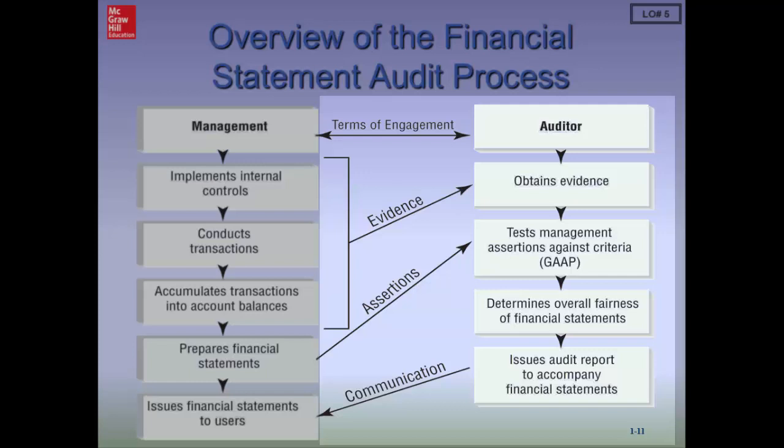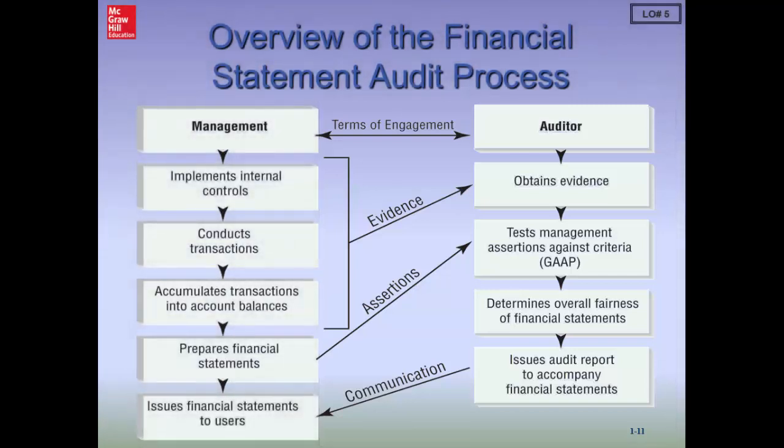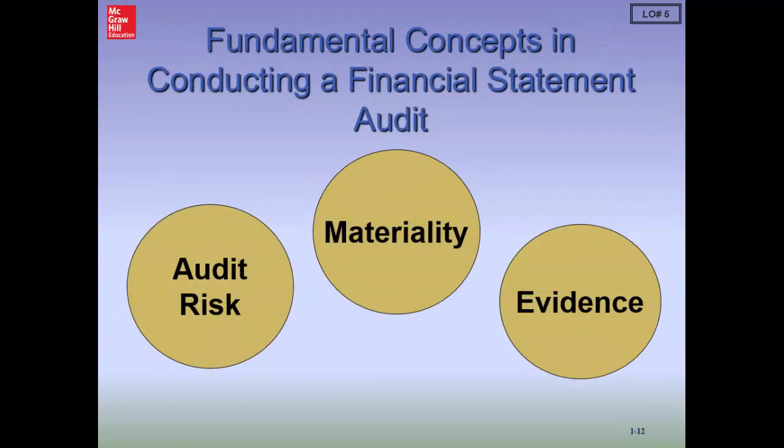The key word that we're going to use is presented fairly. So the idea is we're not looking for perfection. We're looking for a level of fairness, and we're going to be using the term materiality. Then we issue the audit report, and the audit report becomes a part of the financial statements so that when the financial statements are issued, they're issued as audited financial statements.